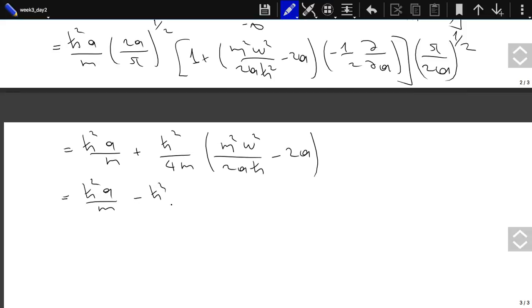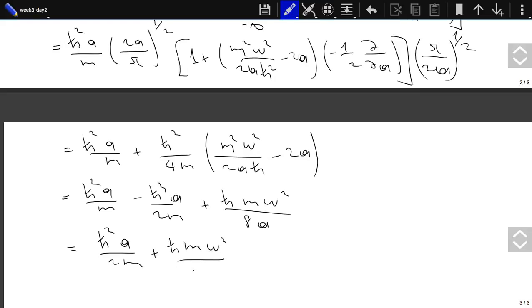I have minus h bar squared a over 2m plus h bar squared m omega squared over 8a. Now this h bar also cancels. And I get a relatively simple final result, h bar squared a over 2m plus h bar m omega squared over 8a.